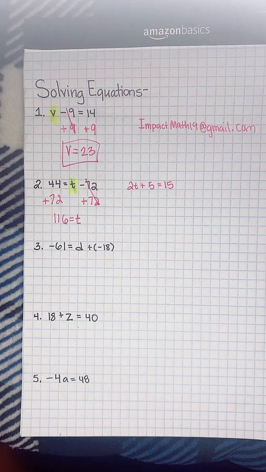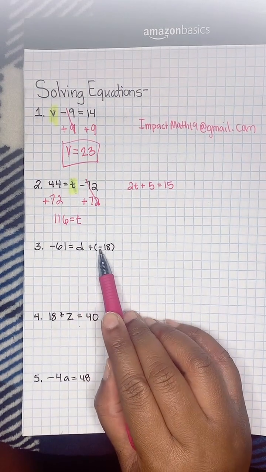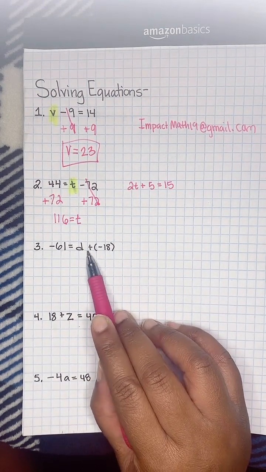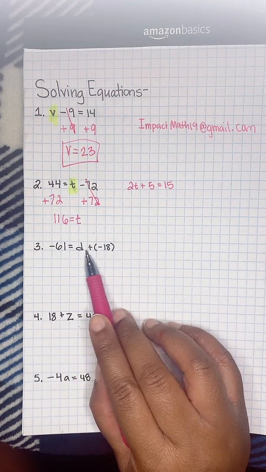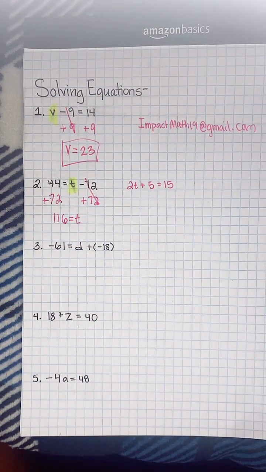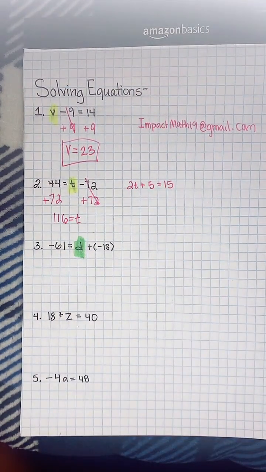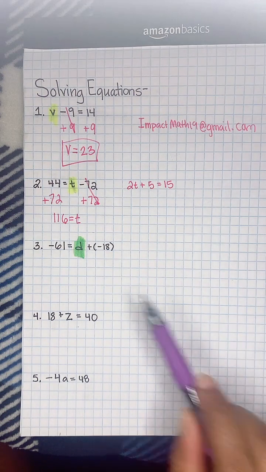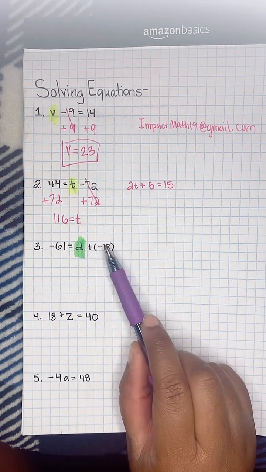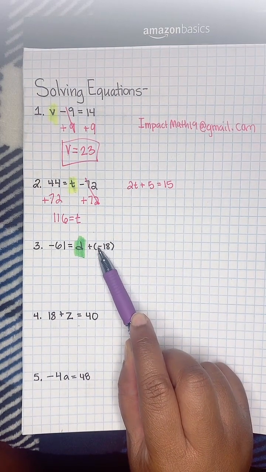All right, so let's go number 3. We have negative 61 equals d plus negative 18. Now, they try to do this fancy stuff to just confuse people. But if you understand that when you're solving, you want this d by itself, the thing that has to move is this negative 18. So how do I move this?